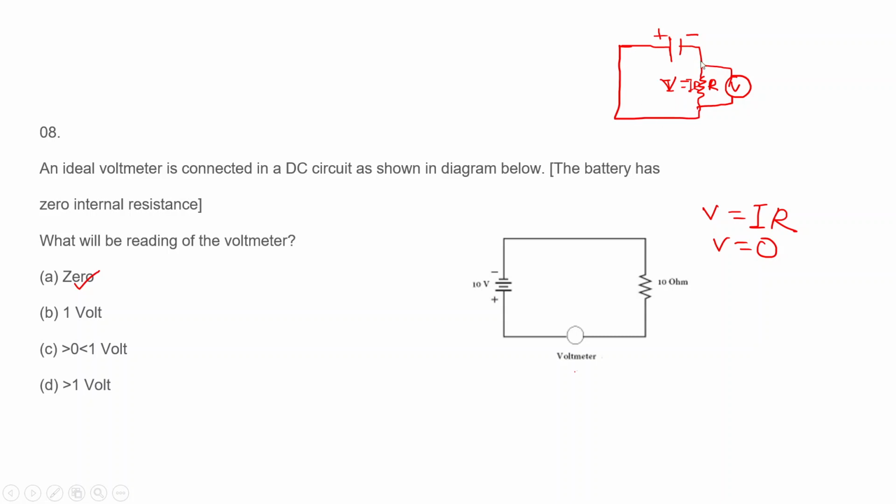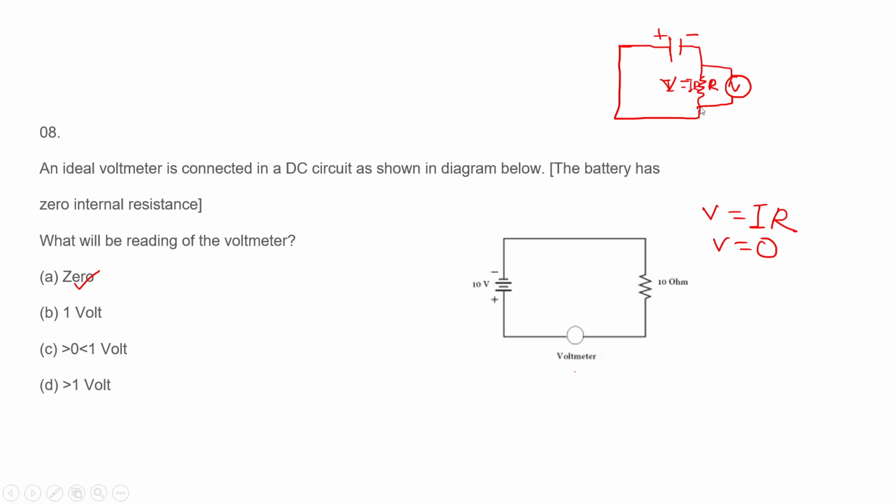We connect the voltmeter to know how much voltage is dropping across this resistor when the current is flowing. The voltmeter is designed in such a way that its internal resistance is very high, maybe more than mega ohms, so that no current flows through it. We know that current follows the path of least resistance.